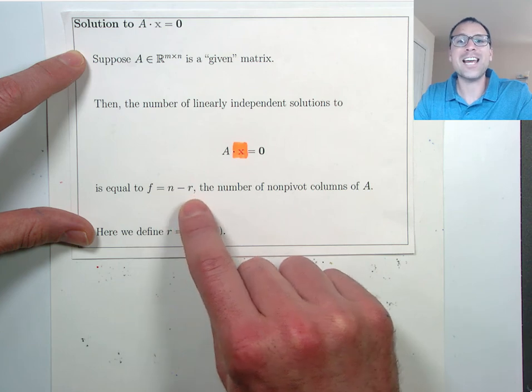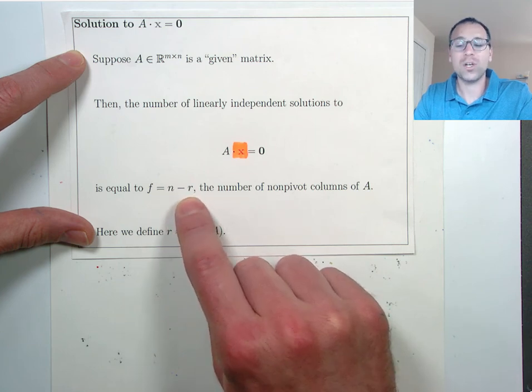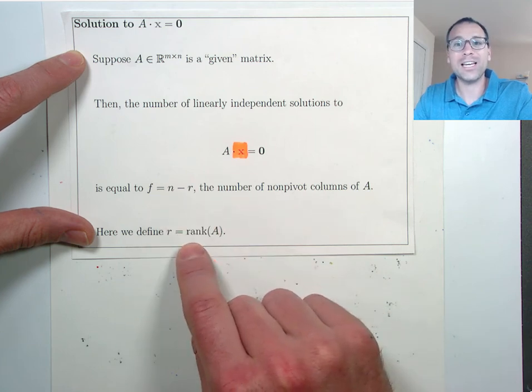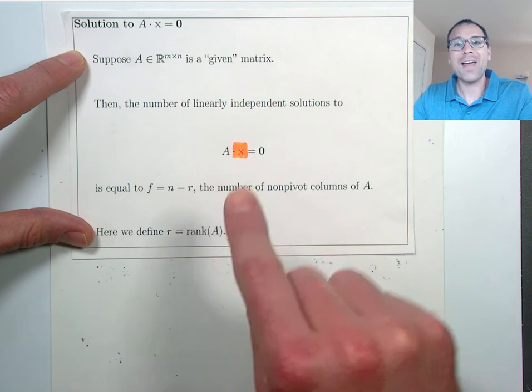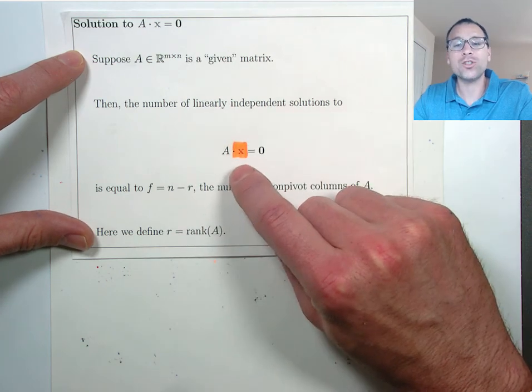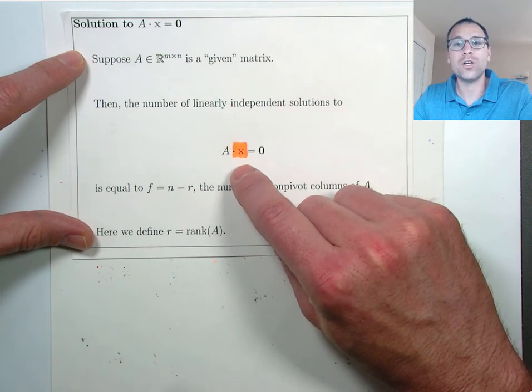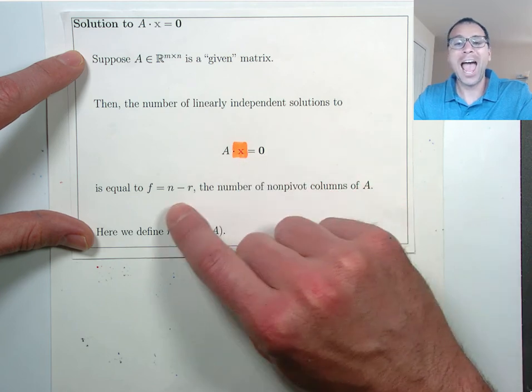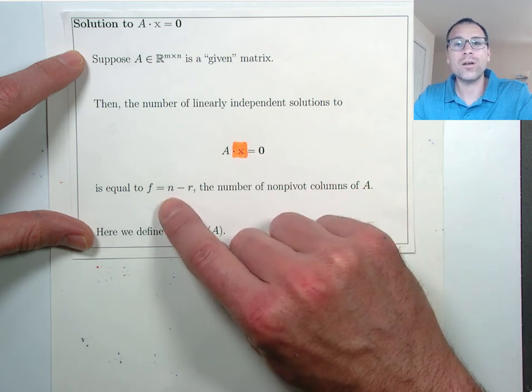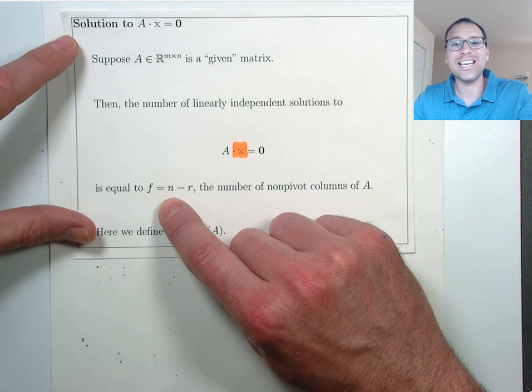We define the scalar r, which we're going to call rank in a different video, as the number of pivot columns in our matrix. And then anytime we're looking for special solutions to the Ax equals 0 problem, we expect f number of those, each of which is linearly independent.